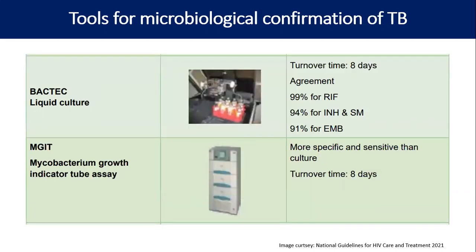For Bactec liquid culture, turnaround time is around 8 days, with 99% agreement for rifampicin, 94% for INH and streptomycin, and 91% for ethambutol. And MGIT, the Mycobacterium Growth Indicator Tube assay, is more specific and sensitive than solid culture, and turnaround time is 8 days. So in practice, we send for liquid culture and all.